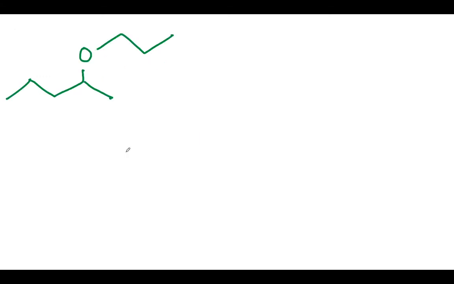Okay, this next example, if you want to try this by yourself, and then maybe we can take it up. So I'm going to try and number this longer chain. So I've got 1, 2, 3, 4, 5 here, and then 1, 2, 3 here. So I wanted to number the longer chain first. So this is 1, 2, 3, 4, 5, and that would be pentane. And this is an oxygen bonded to 2 different carbons.